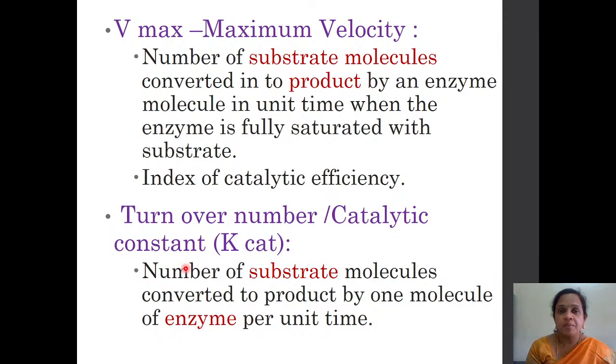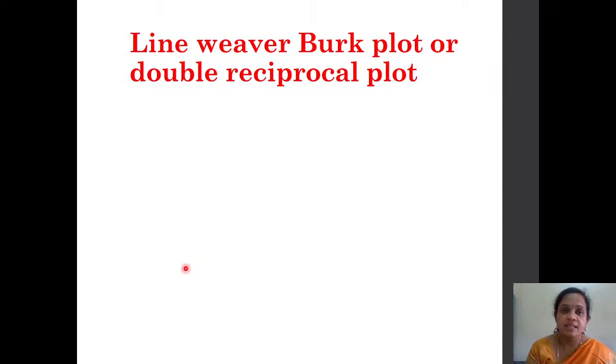Vmax is the substrate molecules converted to the product by an enzyme per unit time when the enzyme is fully saturated with the substrate. So this kcat is nothing but the substrate molecules converted to the product by one molecule of enzyme per unit time. That is called turnover number or the catalytic constant.